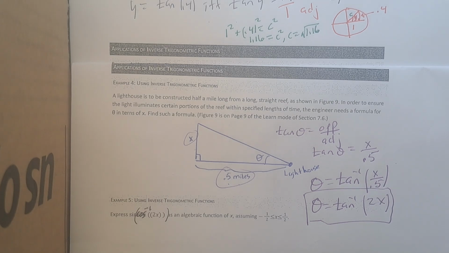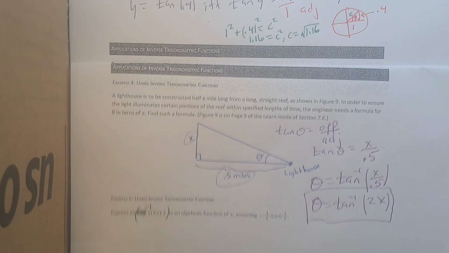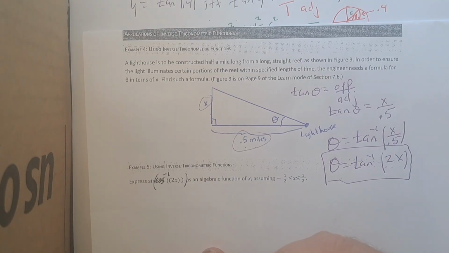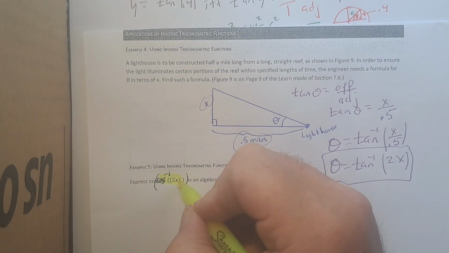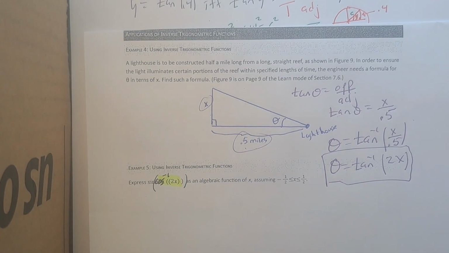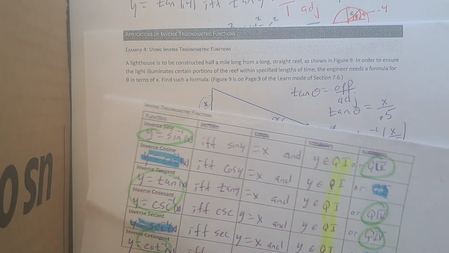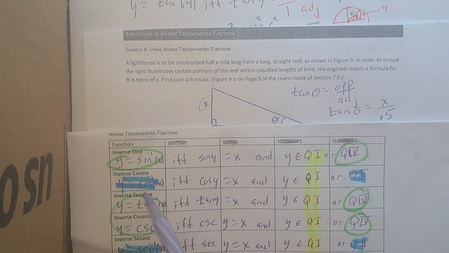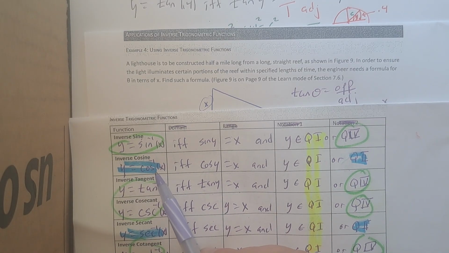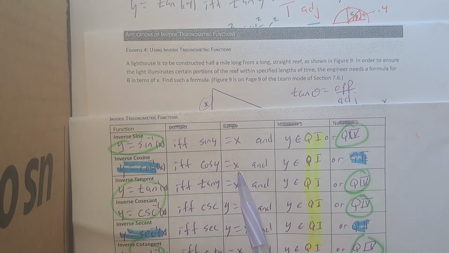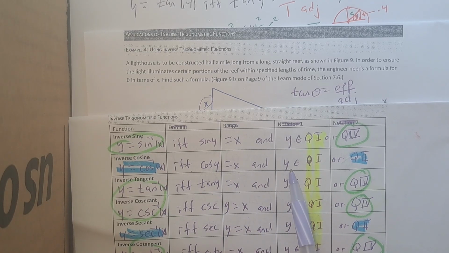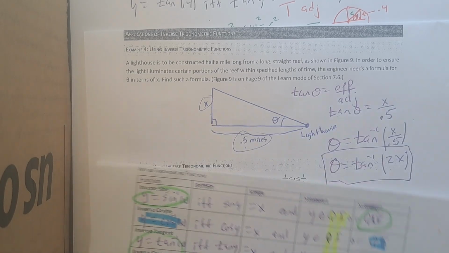All right, let's go on to the last one here, and it's composition again. So we're going to use the definition for cosine inverse, which is y is the inverse cosine of x if and only if the cosine of y is equal to x and your angle comes from quadrant 1 or quadrant 2.